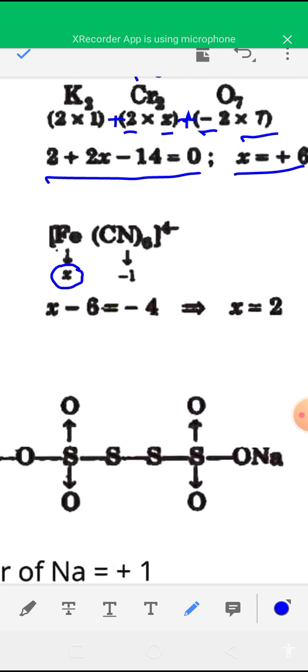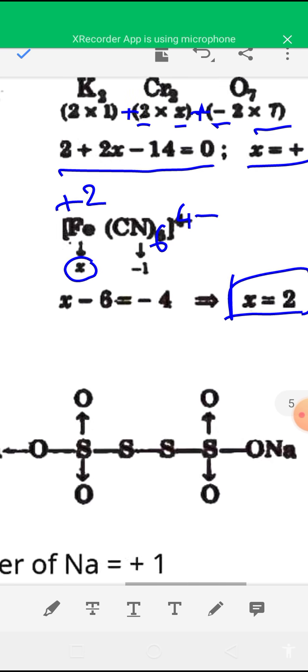So x plus 6 into -1, because 6 cyanide is present, so x minus 6 is equal to the charge of the ion, equal to -4. So x is equal to +2. So in this compound, oxidation number of Fe is +2.